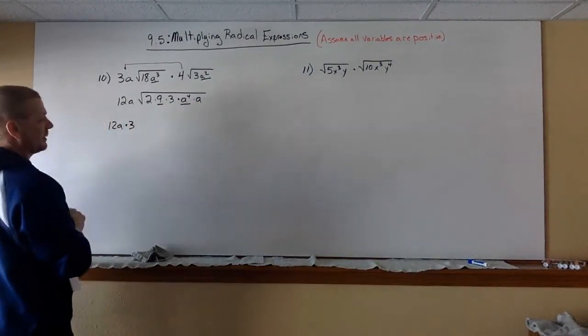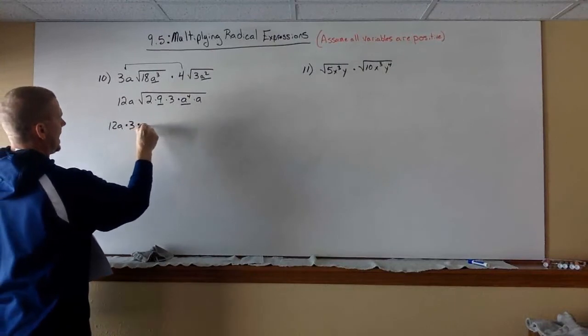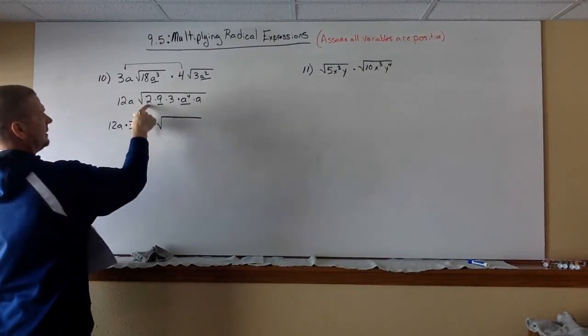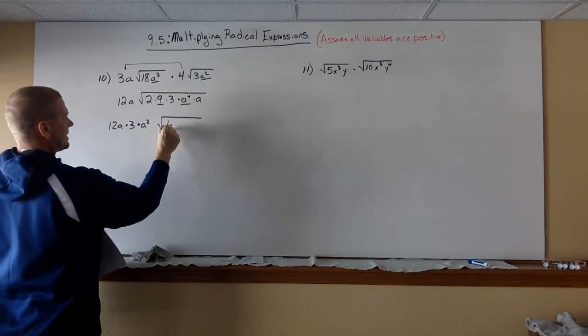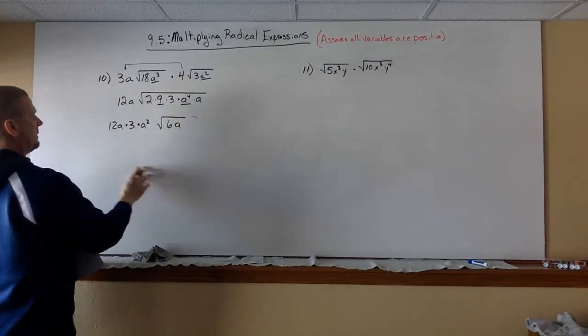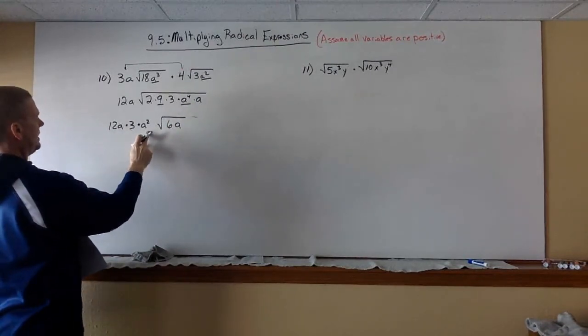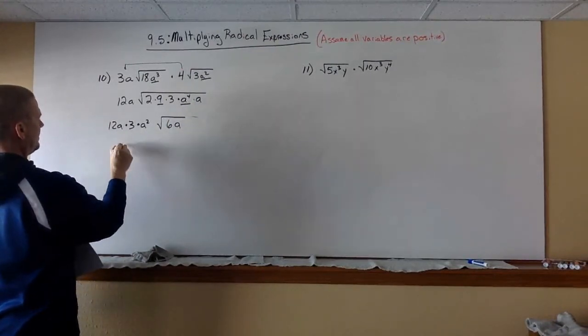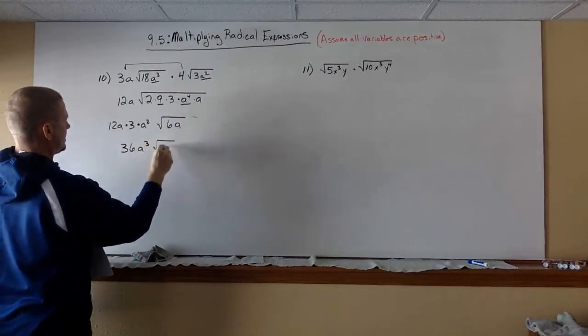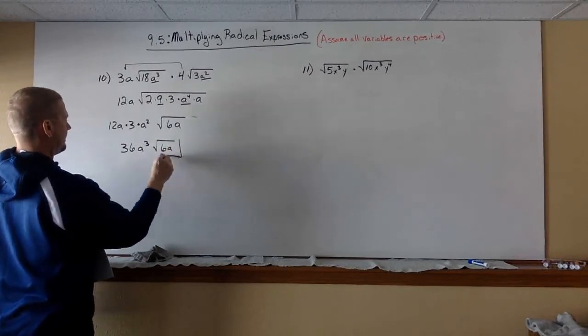A to the fourth is a perfect square, so that's times a squared. And what's left underneath here, 2 times 3 is 6, and there's an a, and then I'm going to multiply everything that's left underneath here. Well, that's going to be what? 36a to the third square root 6a.